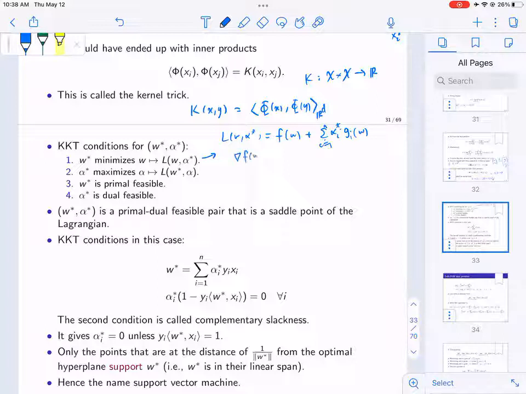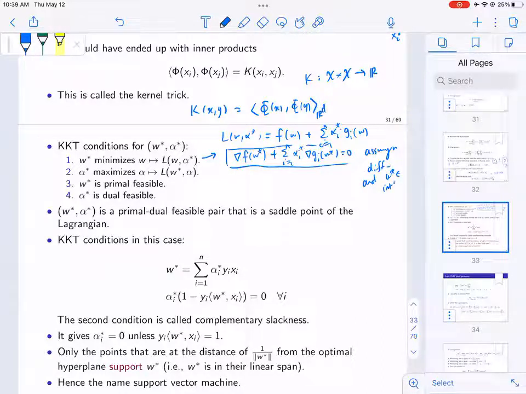So this is equivalent to saying that w star satisfies these equations, assuming differentiability and w star being in the interior of the primal domain.